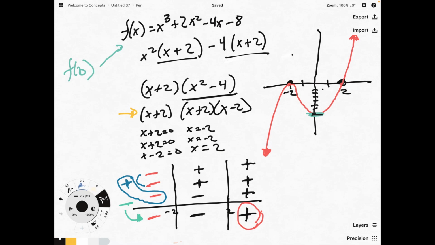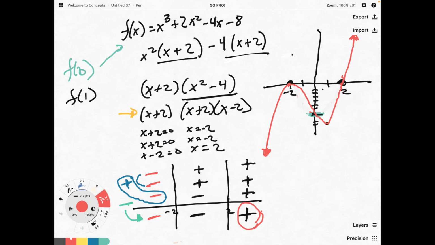So if we go to 1, for example, and try f of 1, we're going to get -10, so we know that actually if we go down even 2 more and we go over here, then that's probably going to be our lowest peak. And so if we want to, we can redraw this and go down to our lowest peak and then back up. And there you go.